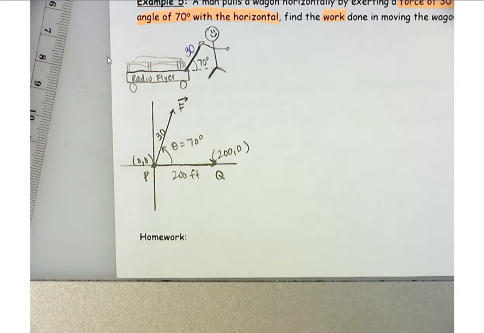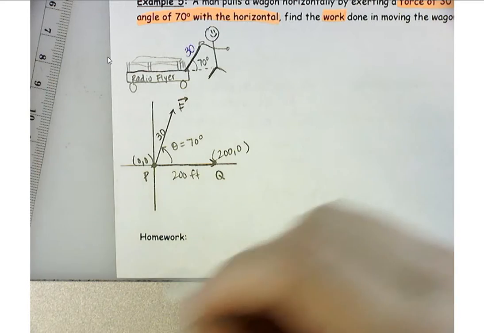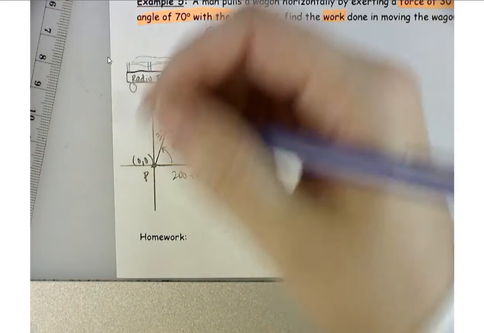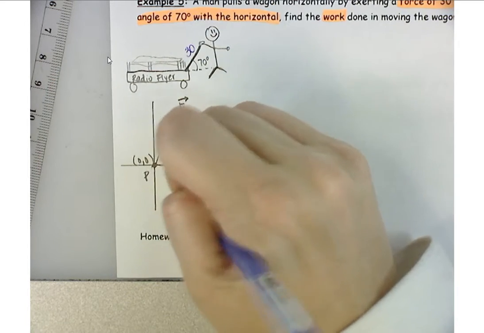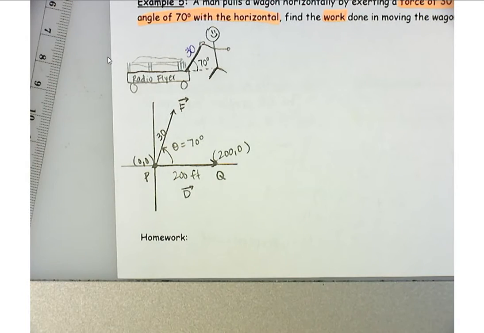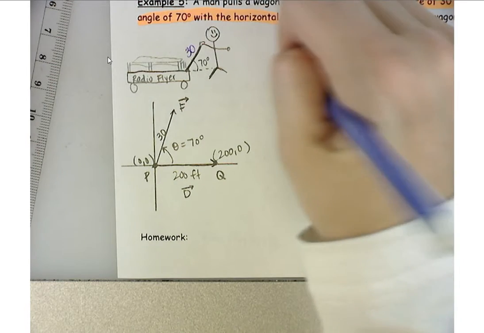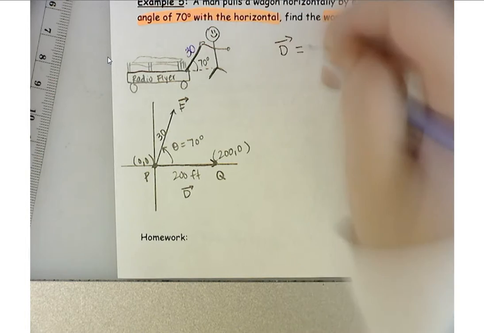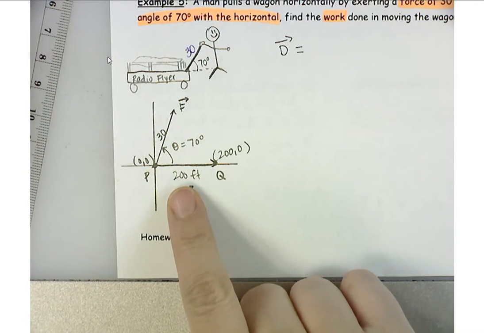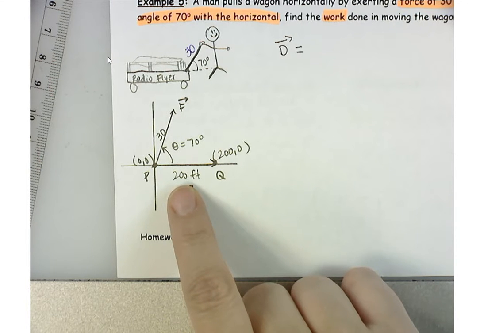Okay, so when you're writing these as vectors, this is going to be your distance vector. This is going to be your force vector. For the distance, you can actually just look at it and you'd be able to tell me what that vector is, because it's not going anywhere up or down vertically. It's only going horizontal, and in what direction?